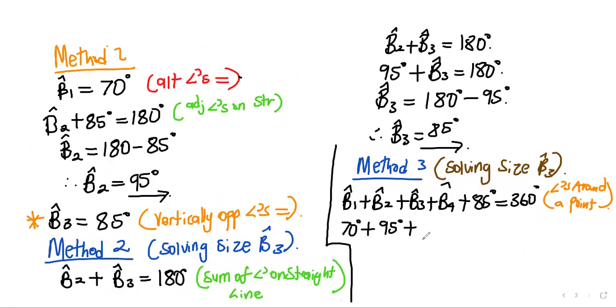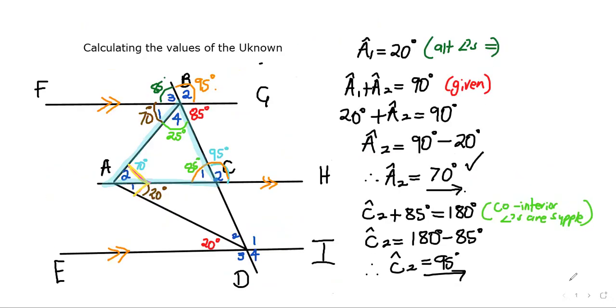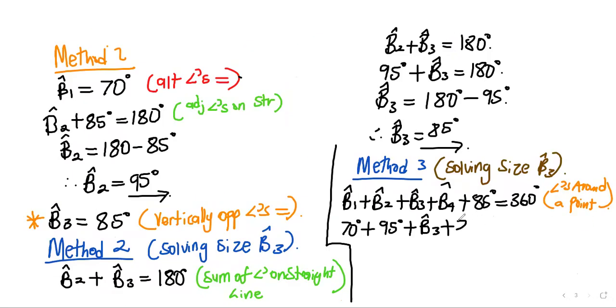So just leave it as B3. Plus, before we got 25, right? Then you're going to say plus 85 that you are having, equal to 360 degrees.